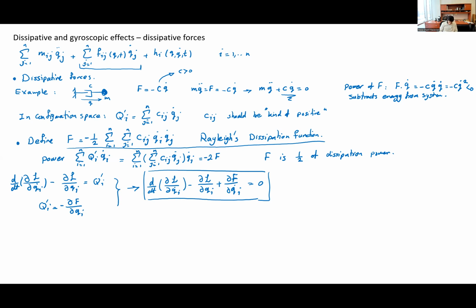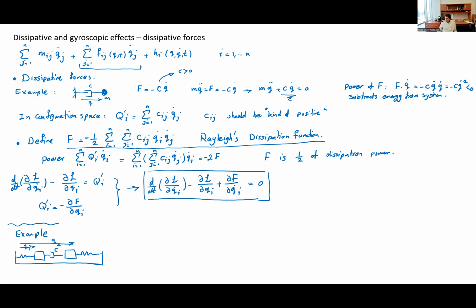To see that, let's look at a very quick example. Let's pretend I have a system like this: two masses with springs and a damper C in between, and two generalized coordinates, q1 and q2.